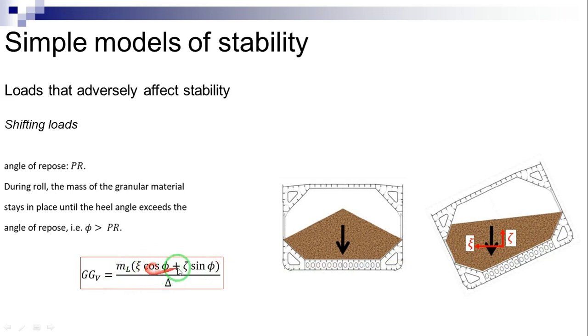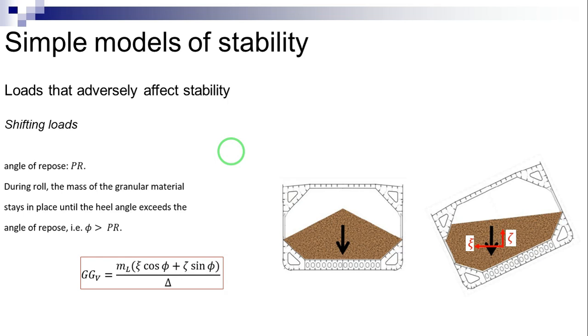While the ship rolls back, the load does not move until its angle again exceeds the angle of repose. The accelerations induced by ship motions can cause load shifting at angles that are smaller than the angle of repose. The behavior of granular materials is further complicated by settling and by variations of humidity.